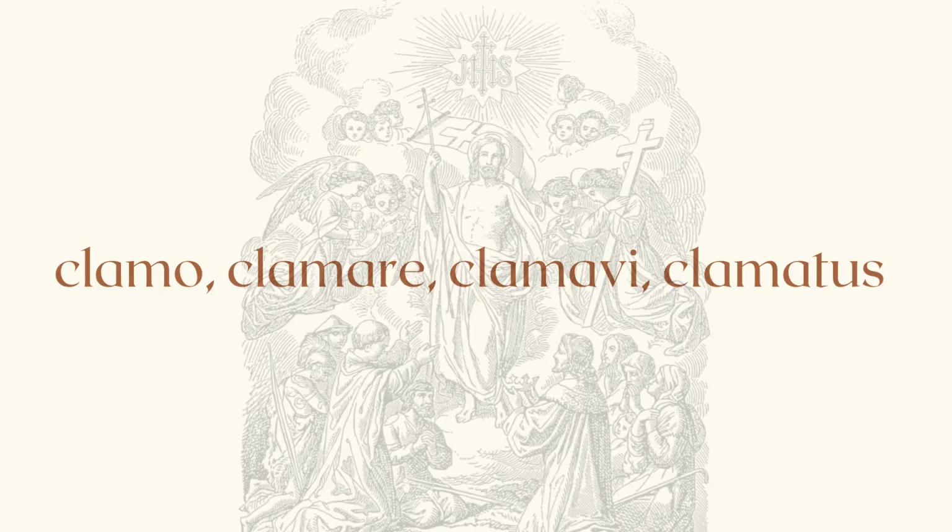For clamo, that is clamatus. We'll look more at the four parts of the verb and the verb stems in a future lesson. All you need to know for now is that each verb has its own perfect stem.